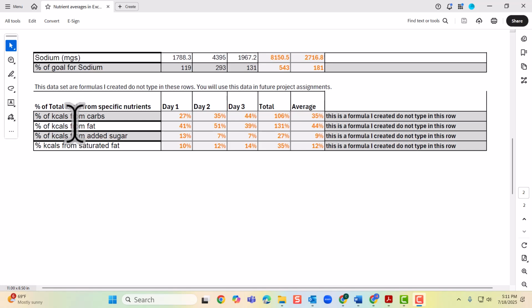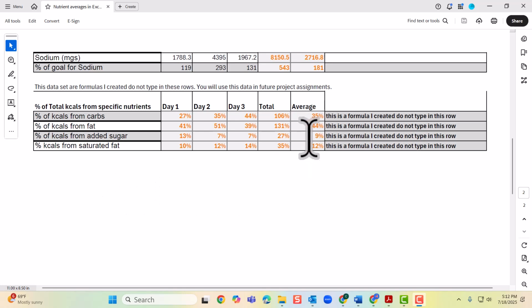The other two that I highlight here are percent of calories from added sugar, not a nutrient, so we want zero. The World Health Organization says 5% or less. The United States, USDA, recommends 10% or less. All of us should be striving for zero added sugar.